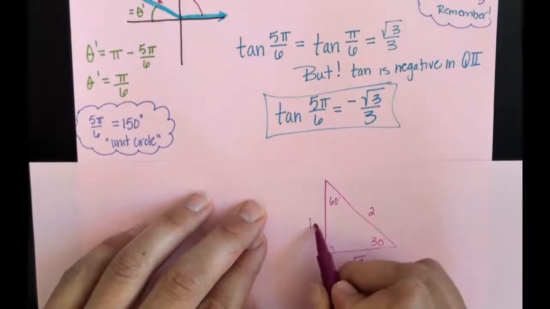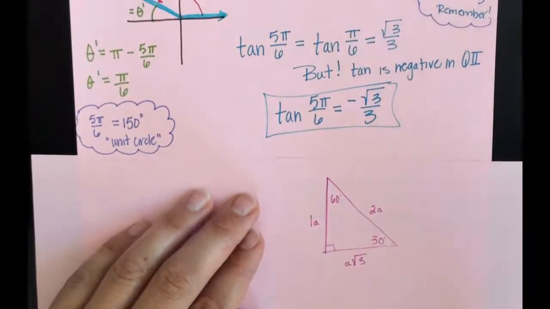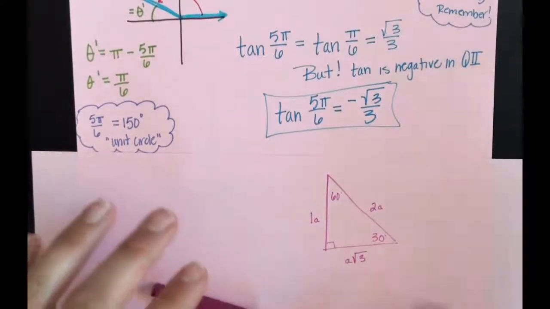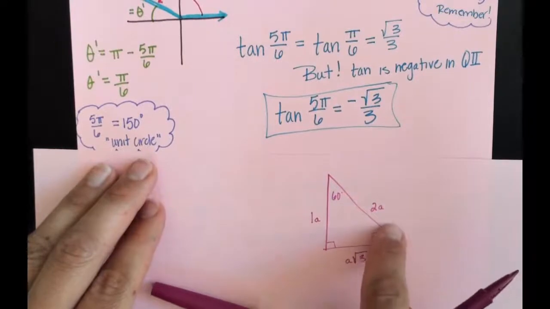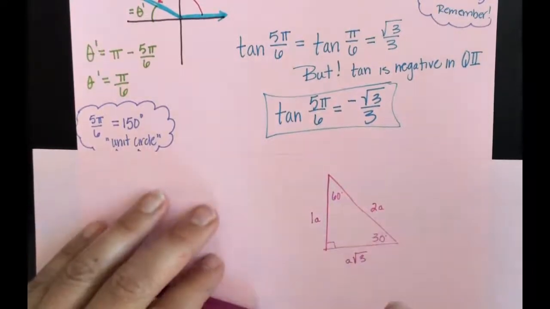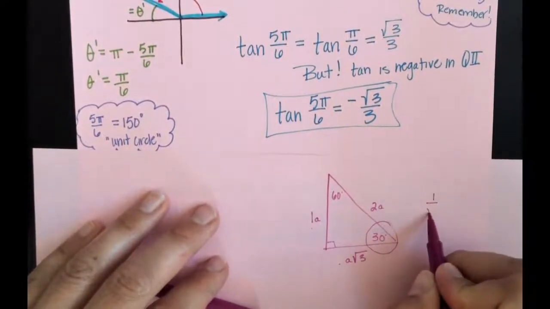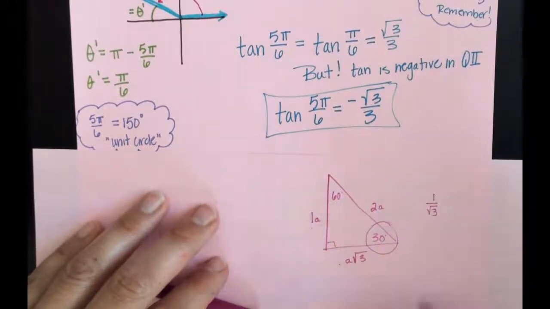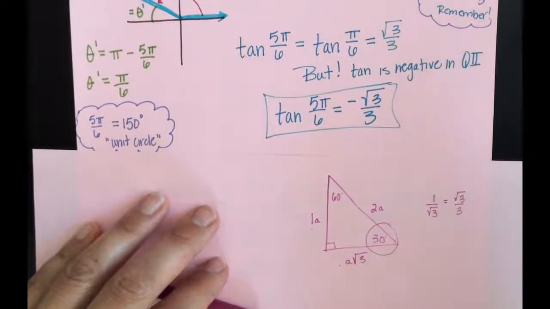So it's this 1a, a radical 3, 2a. But again, if we don't know what that common factor is, it will all reduce to a 1 to radical 3 to 2 relationship. And when it does, if I'm looking at tangent of 30, tangent is opposite over adjacent, 1 over radical 3. And when we simplify, that's radical 3 over 3.